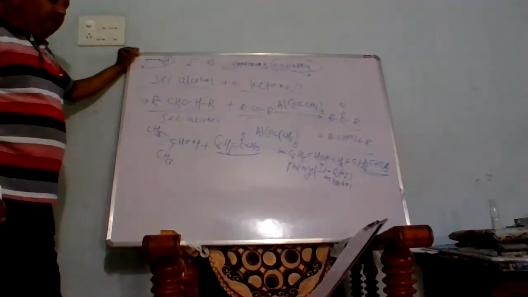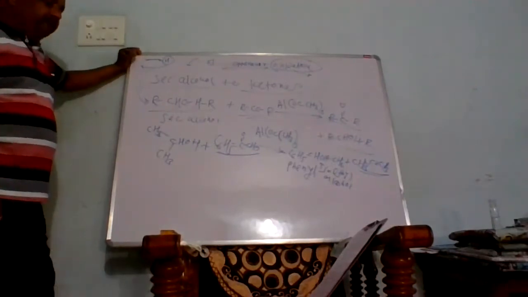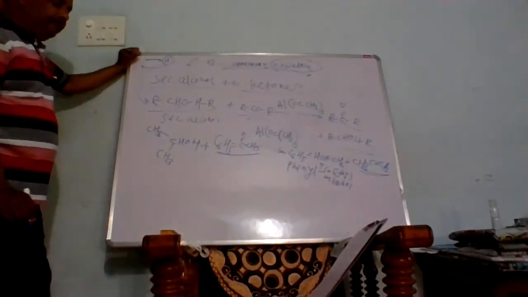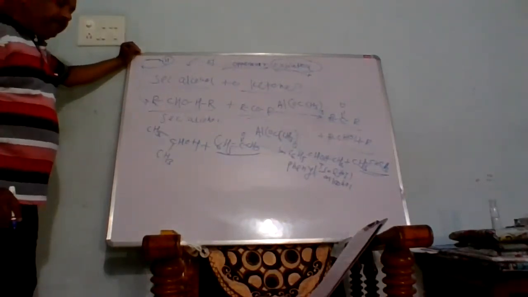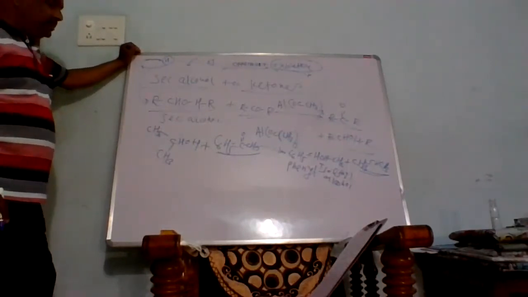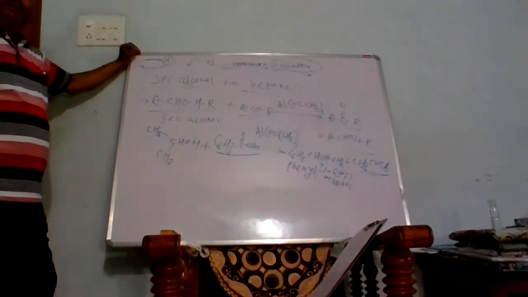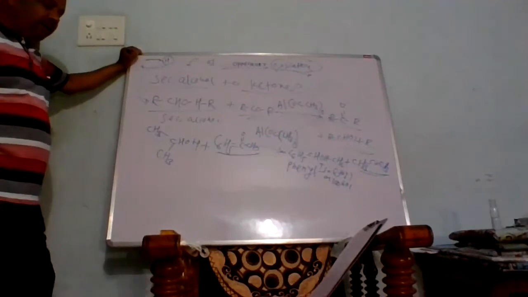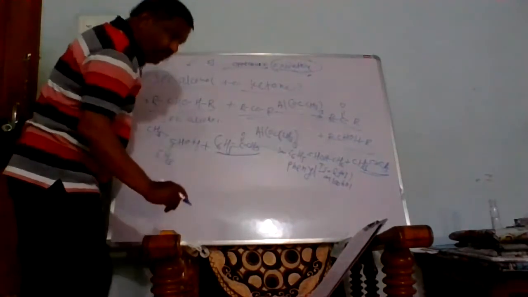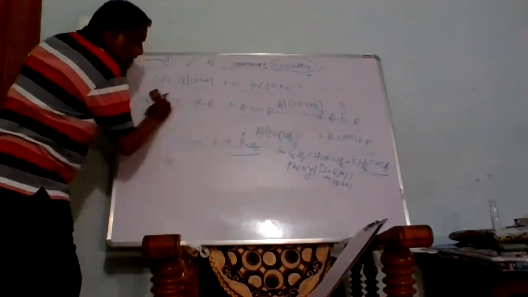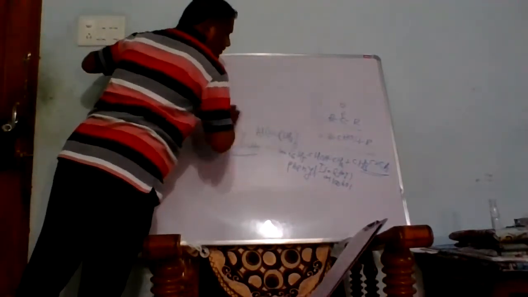This metal alkoxide undergoes rapid exchange, an internal hydride transfer, to give the corresponding alcohol and ketone. Let us see how the mechanism is carried out in the following way.